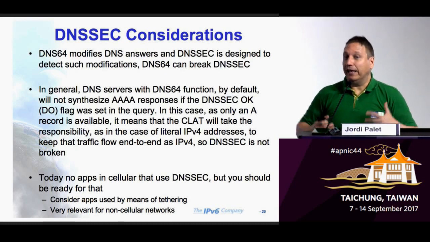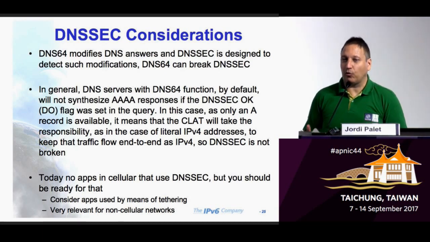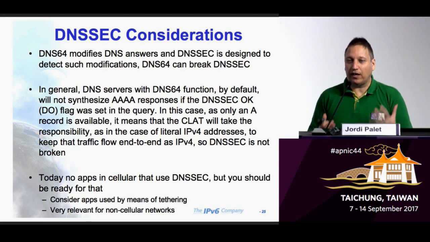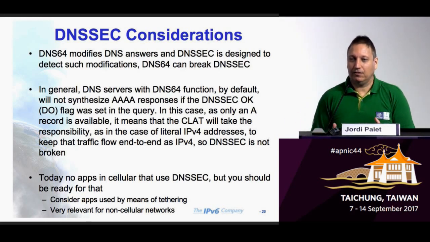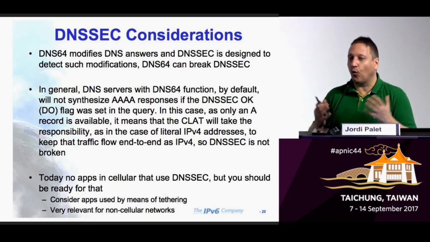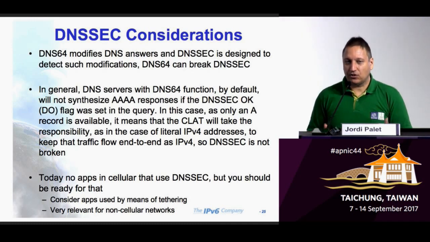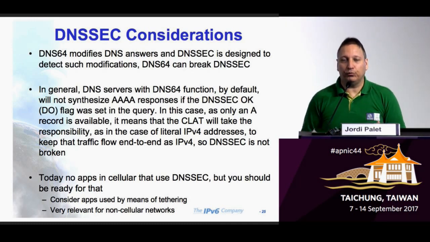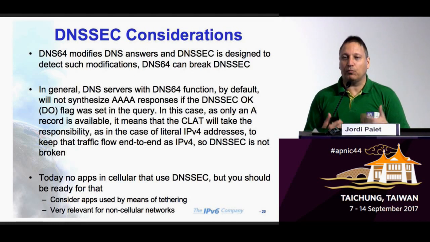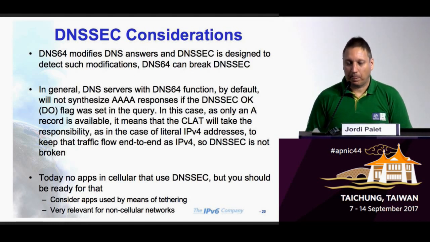This is automatic if you set up your network correctly. So it's not something you need to take care of case by case. It's not something where you need to find which DNSSEC destinations you have in your network. No, not really, because that would be impossible. It's something where you need to configure your DNS64 box properly to do that, okay?